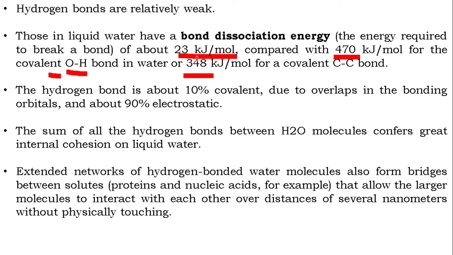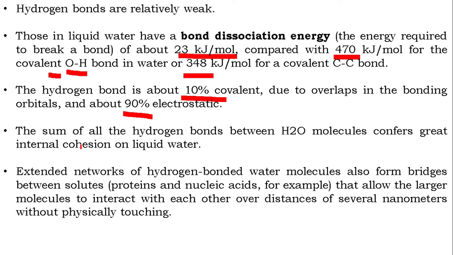So you see the bond energy of a hydrogen bond is just 23 kilojoule per mole. It is only a fraction of a covalent bond. The hydrogen bond is about 10% covalent due to overlapping of the bonding orbitals, and it is about 90% electrostatic.